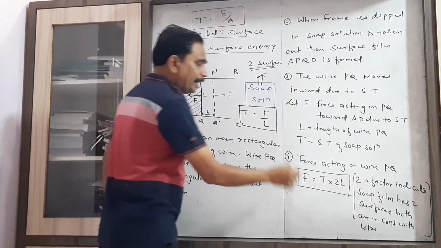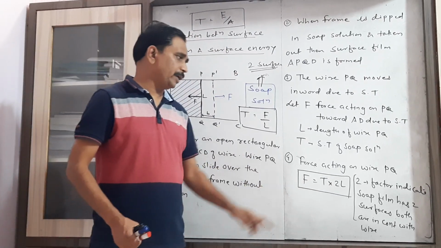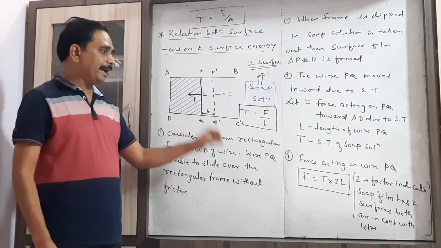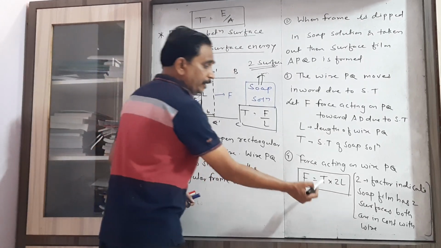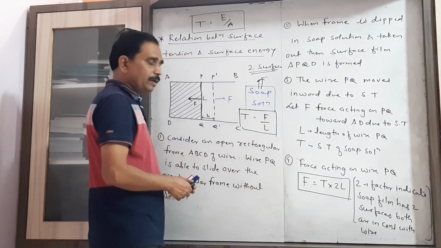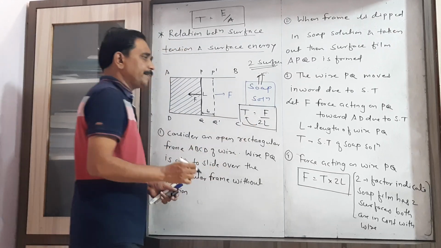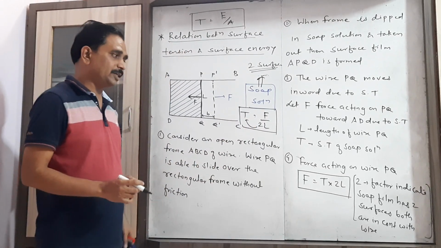So that's why I write here the factor 2. So the force acting on the wire PQ is given by F equal to T into twice L.